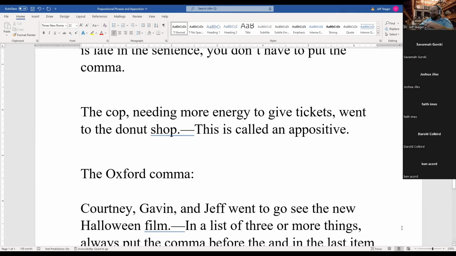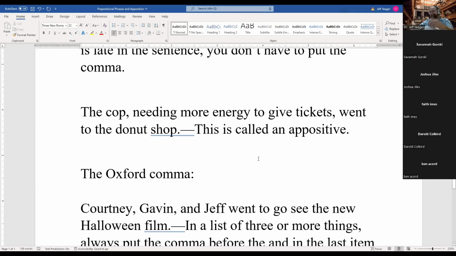It's the same way with an appositive, so you put commas around it. You can write: the cop, needing more energy to get tickets, went to the donut shop. The commas around this appositive suggest that you can cut it and it'll still make sense. The cop went to the donut shop.